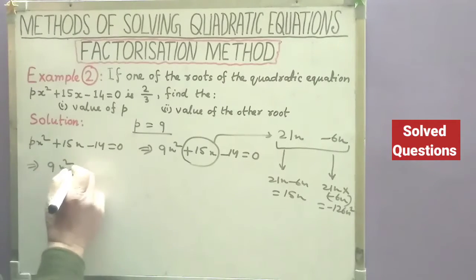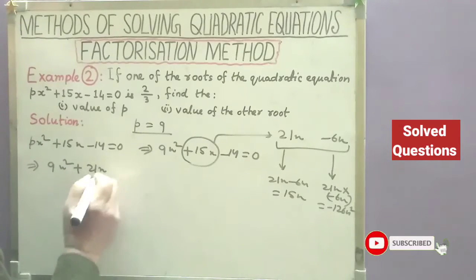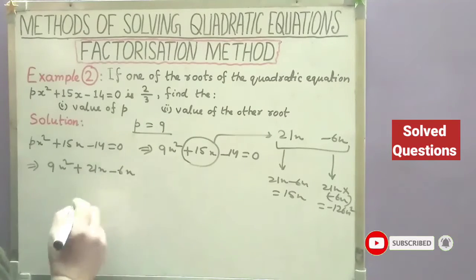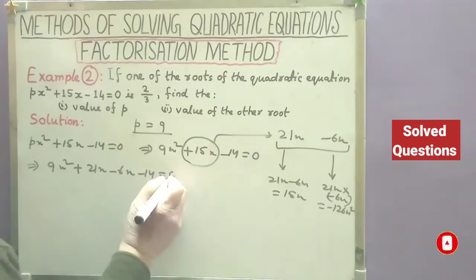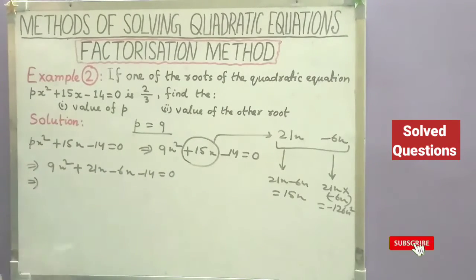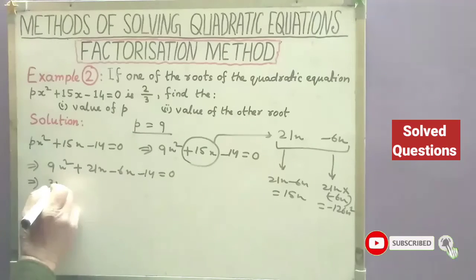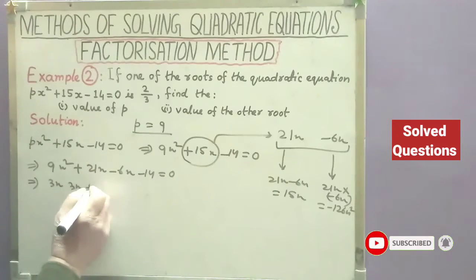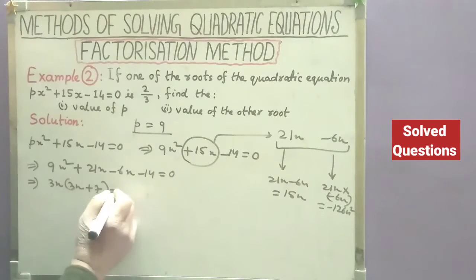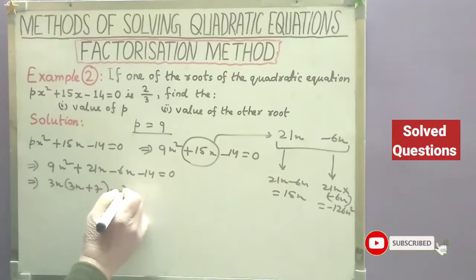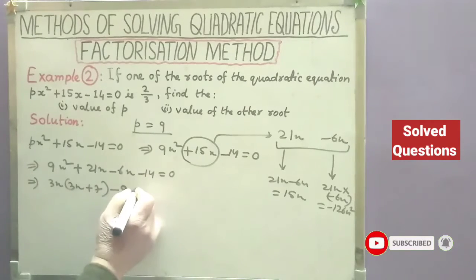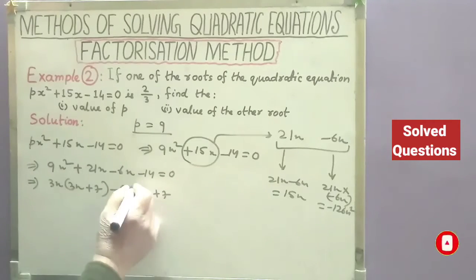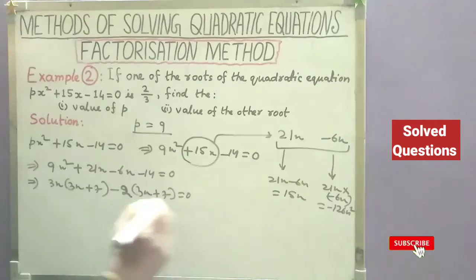That implies that 9x² + 21x − 6x − 14 = 0. That implies that 3x(3x + 7) − 2(3x + 7) = 0.